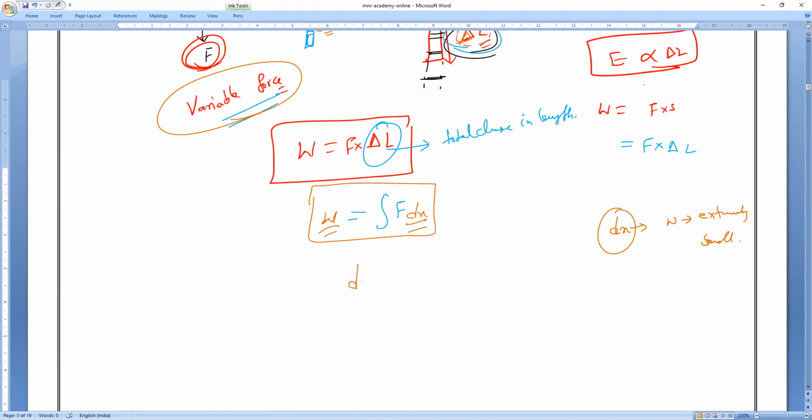So I will consider it as dW. So dW is equal to F into dx, extremely small. dx means a small change is taking place. So dW equals F dx. That is what we call a small amount of work done.